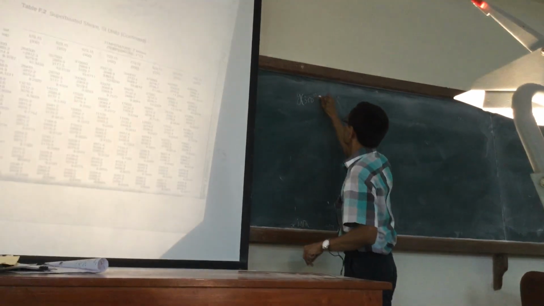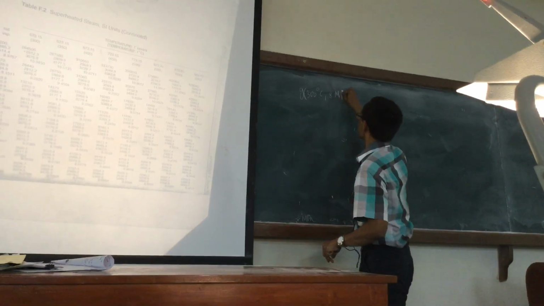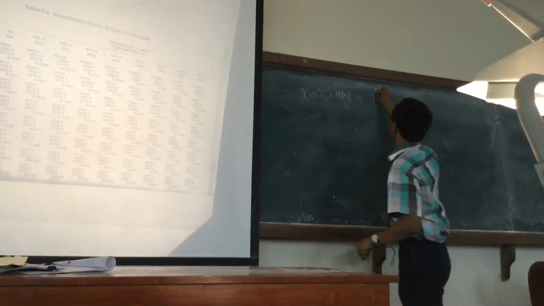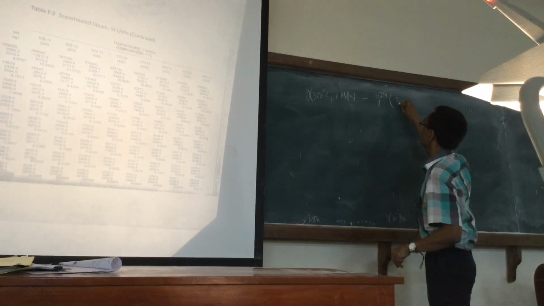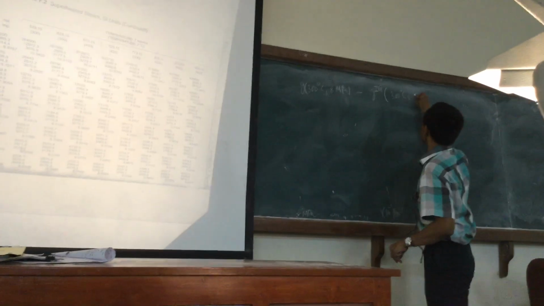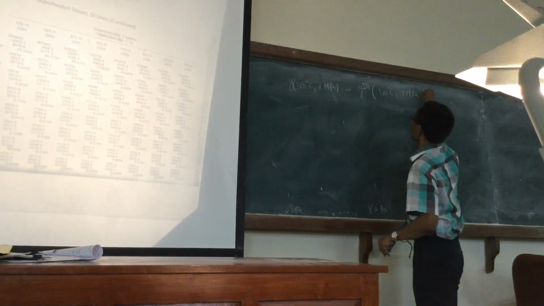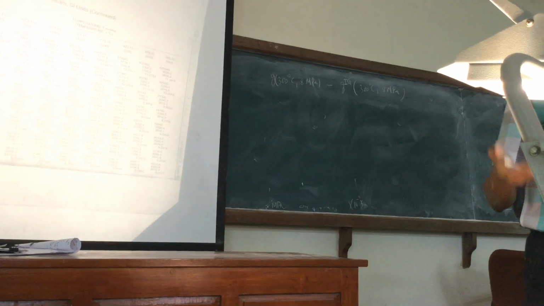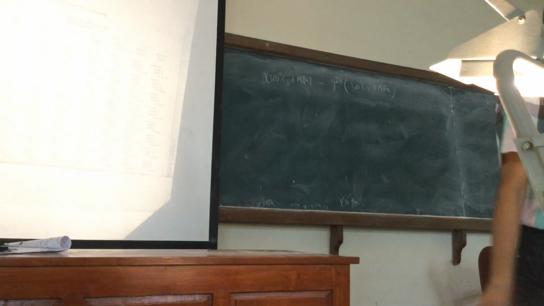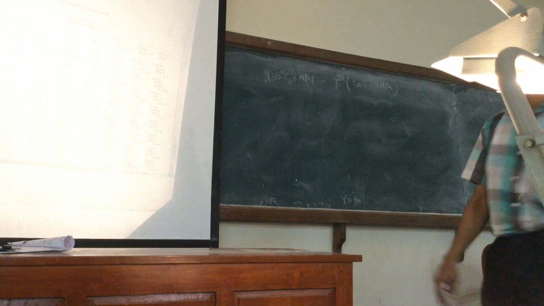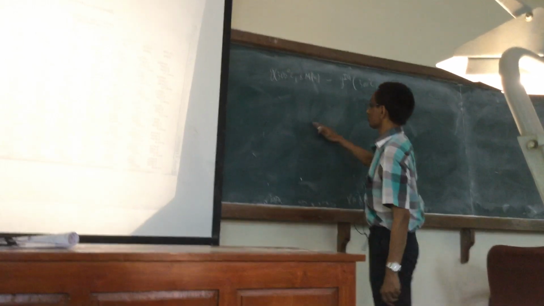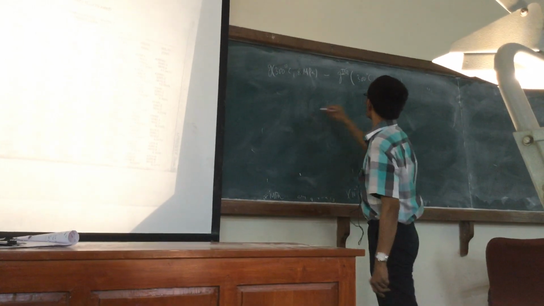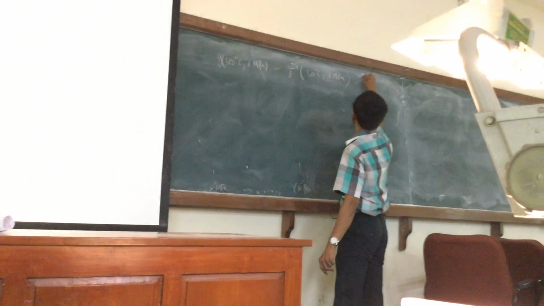So what I want is G at 300 degrees centigrade, 8 megapascal, minus GIG at 300 degrees centigrade and 8 megapascal. Obviously the two are different, since the compressibility factor is not going to be equal to 1. So this is what I want.